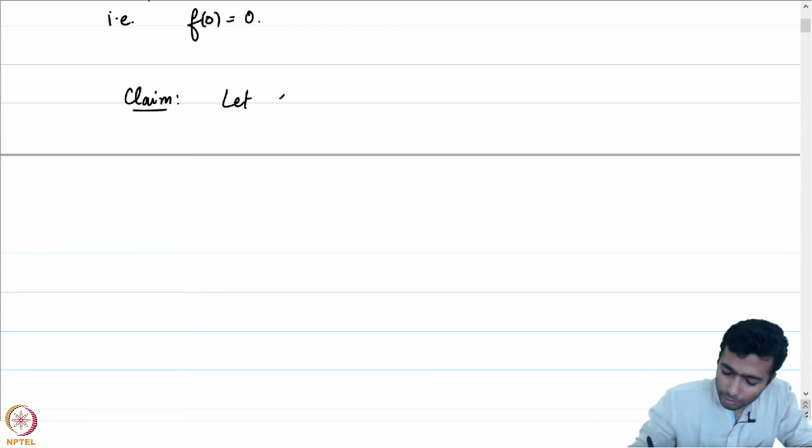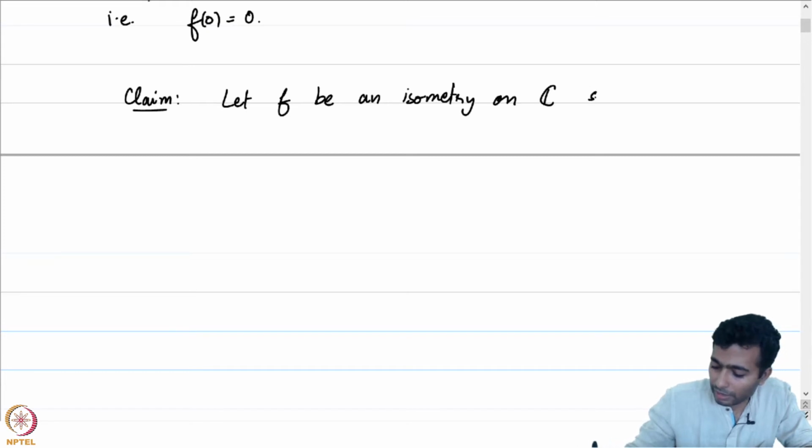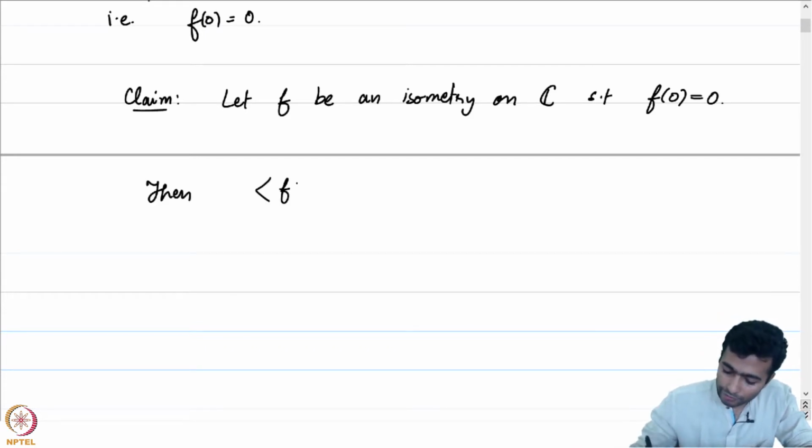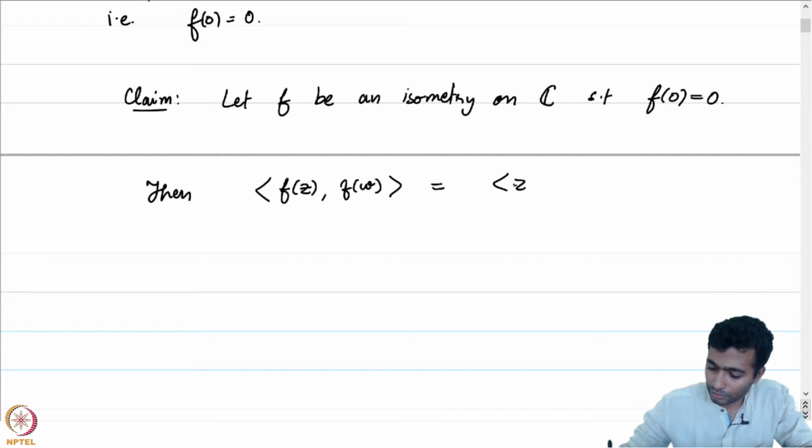Let f be an isometry on C such that f of 0 is equal to 0. The first claim is to show that then the inner product of f of z, f of w is equal to the inner product of z comma w for all z and w.